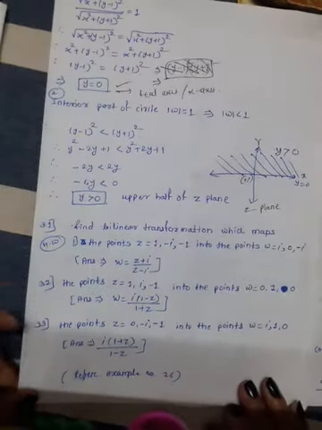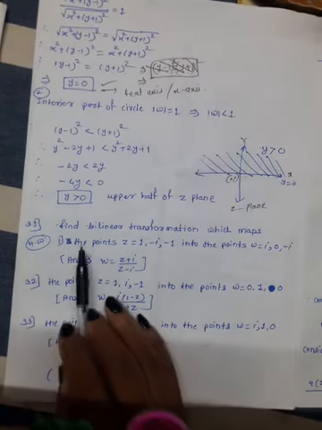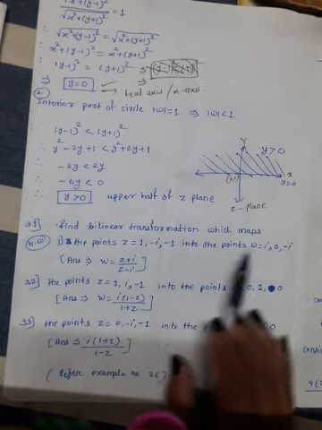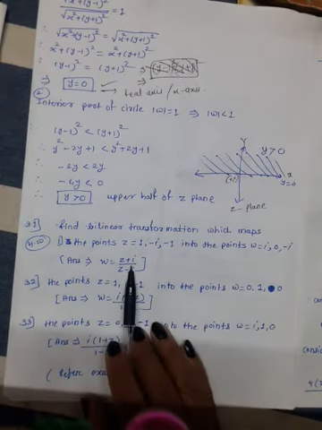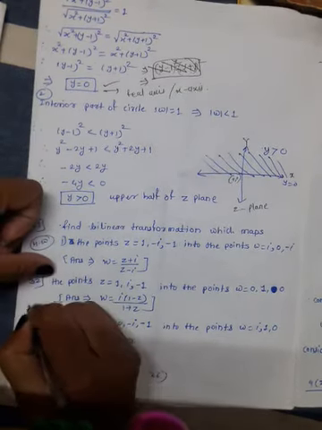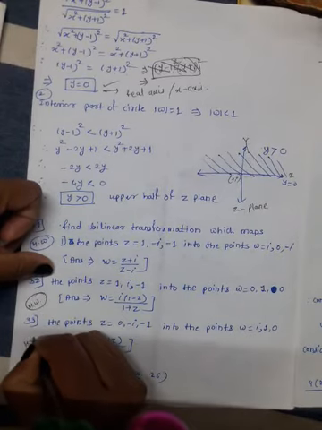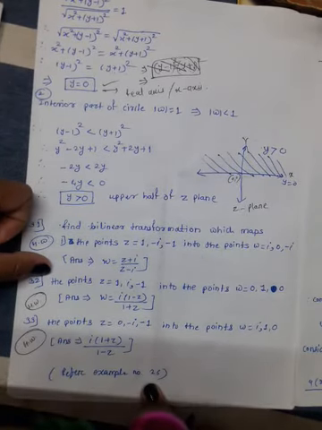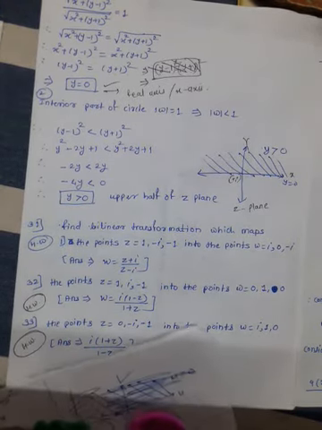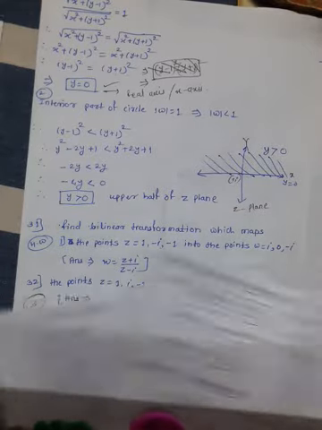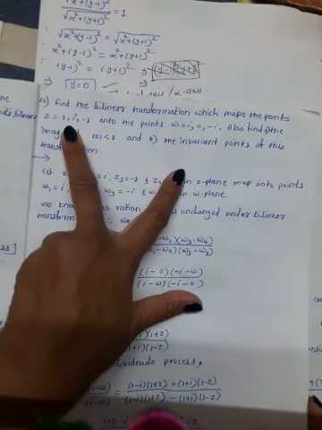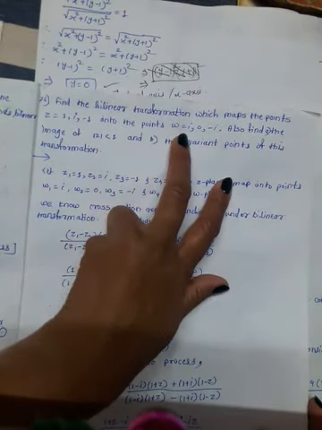Now these are some homeworks for you. Find the bilinear transformations which map the points. Z points are given here, W points are given. The answer is this. All three examples are homework for you. For that, refer to example number 26, where 3 points of the Z plane and 3 points of the W plane are given.